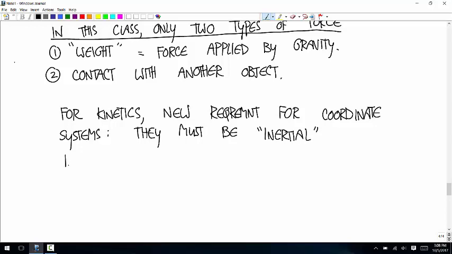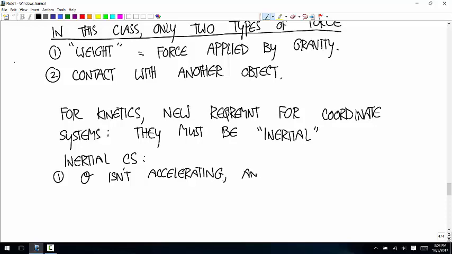An inertial coordinate system has two requirements: the origin isn't accelerating, and the axes aren't rotating.